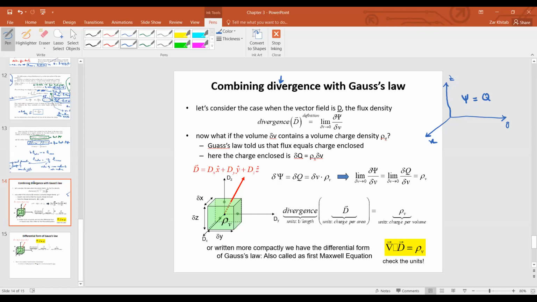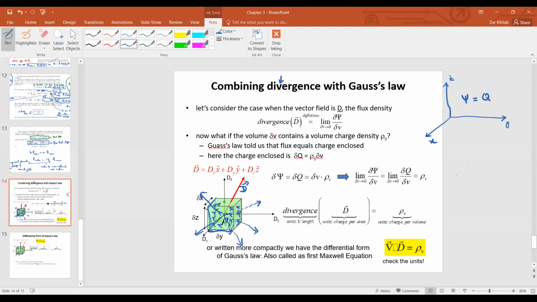For that purpose, he said, for example, we have some differential volume of charges. Say this is full of charges. We have differential x, differential y, differential z, and it's going to create a volume. Then he said the D field may go in this direction, or this direction, or this one.